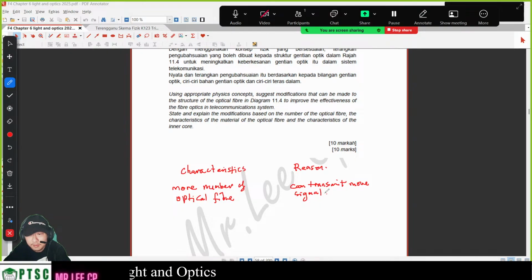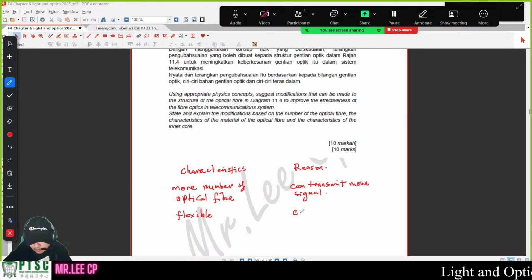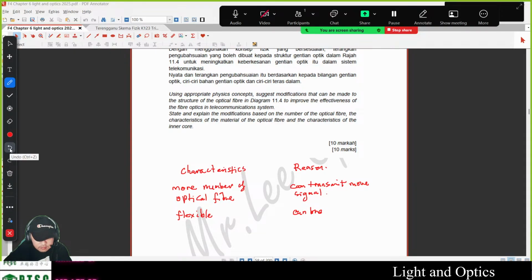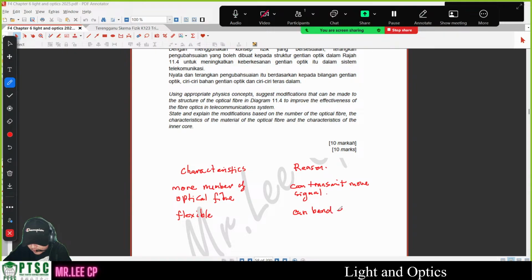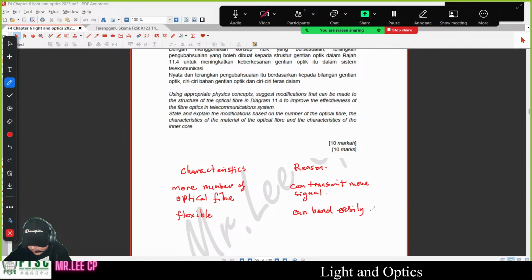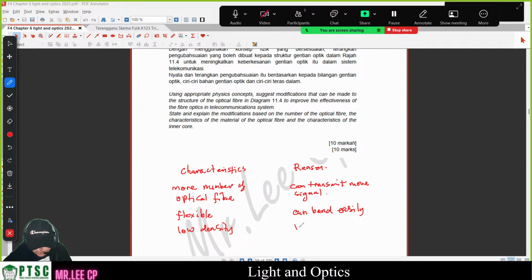All right. The characteristic of the material: flexible, can bend easily. And then low density, lighter.